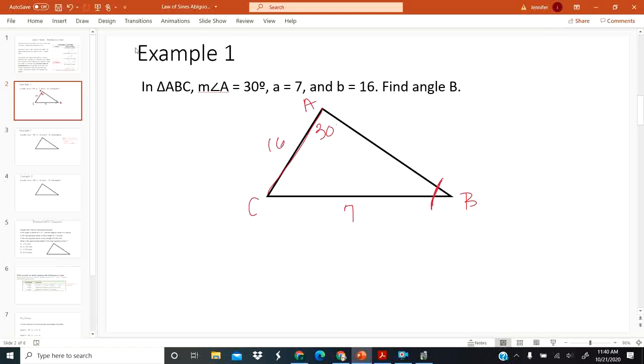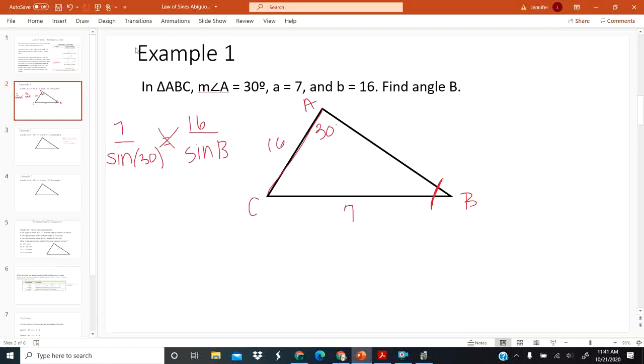So to find angle B, we're going to use the law of sines. So we're going to have the side little a, which is 7, over the sine of angle A, so the sine of 30. And that's going to equal side little b, which is 16, over the sine of angle B. And that's what we're looking for.